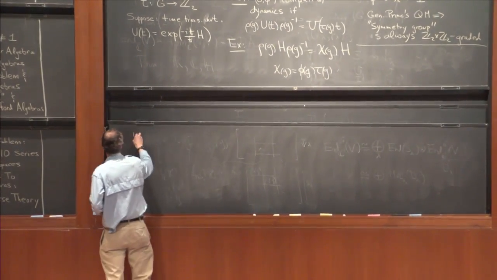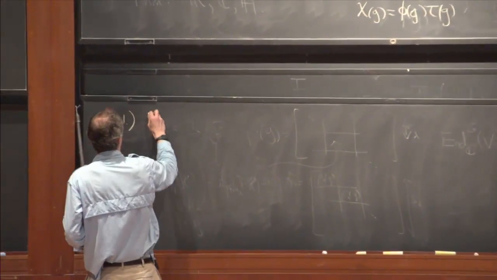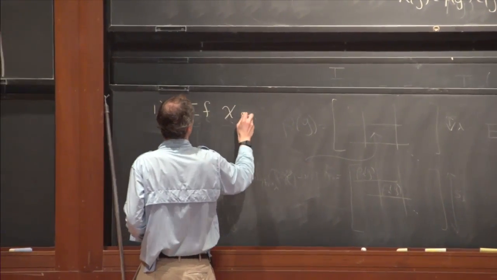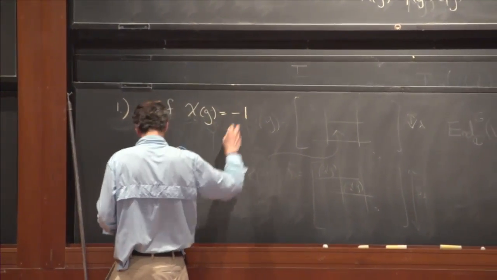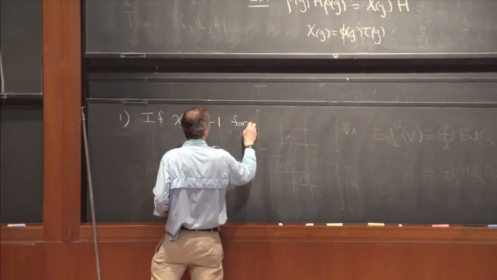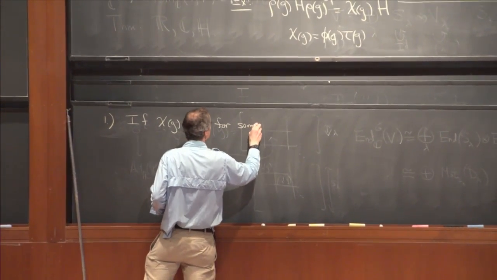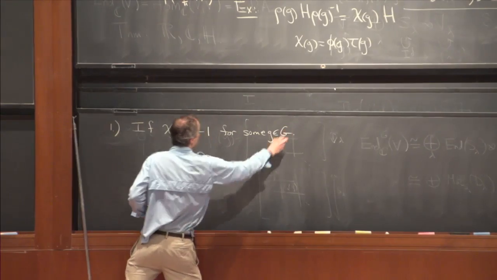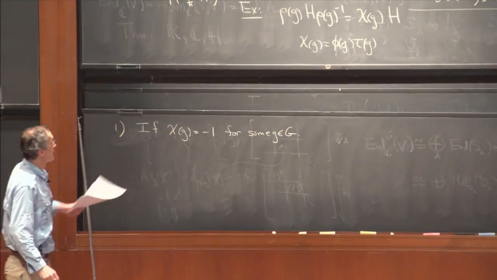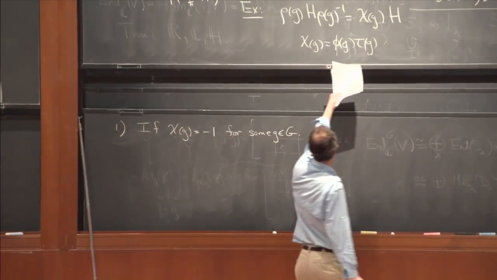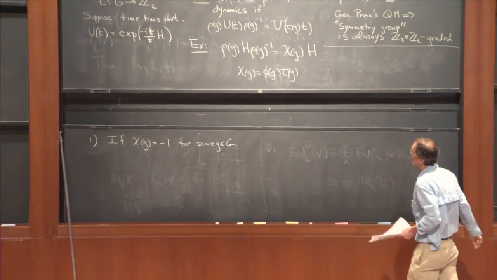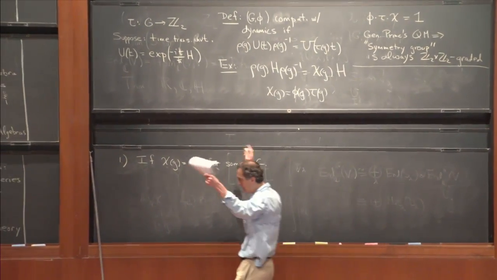Remark number 1. If chi of G is -1 for some G, then clearly we have something funny going on. We have a Hamiltonian reversing, quote, symmetry.